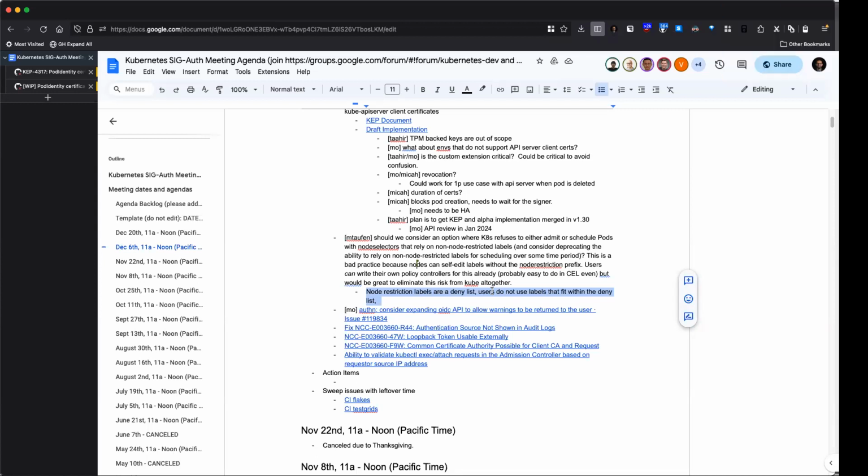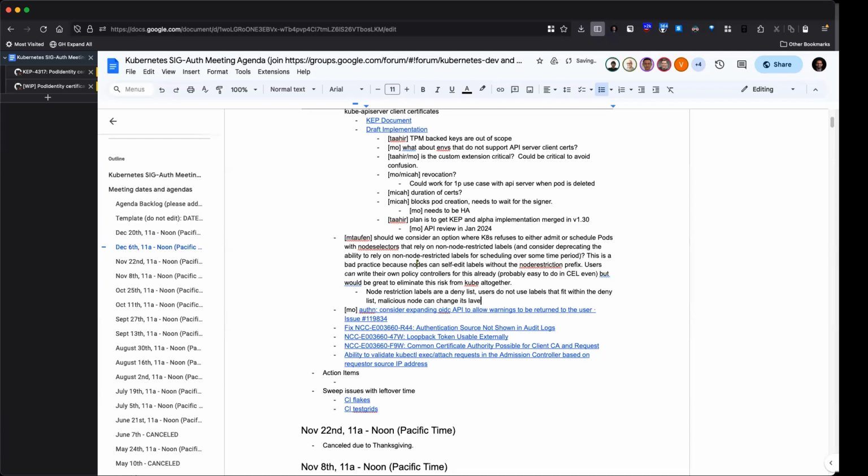That's right. And so we put this restriction in place to allow you to put labels on nodes that would be better behaved. I just don't think there's a lot of awareness outside of security groups about that feature, and I keep seeing infrastructure teams and customers write policy in unsafe ways.